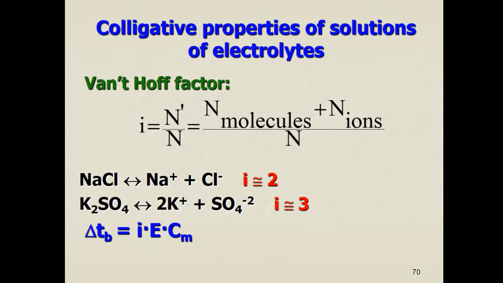So what do we have there? The elevation of boiling point for electrolytes is higher, approximately 2-3 times higher than the elevation of boiling point for a non-electrolyte with the same concentration. The freezing point is the same, 2-3 times, that means lower freezing point than for such a solution with the same molarity of non-electrolyte.